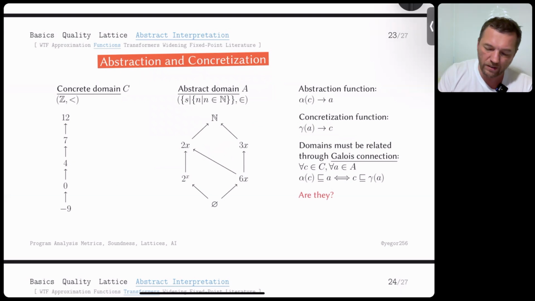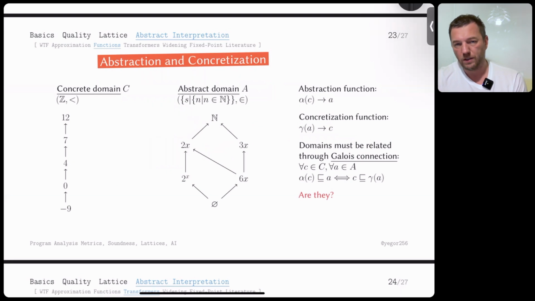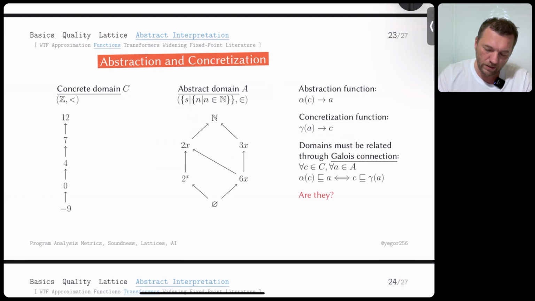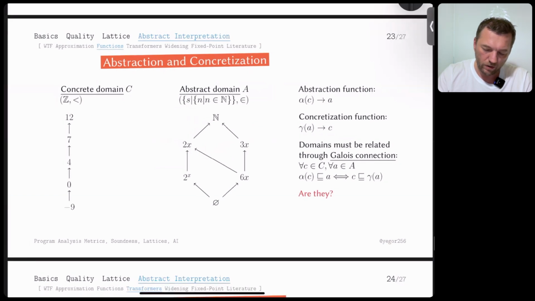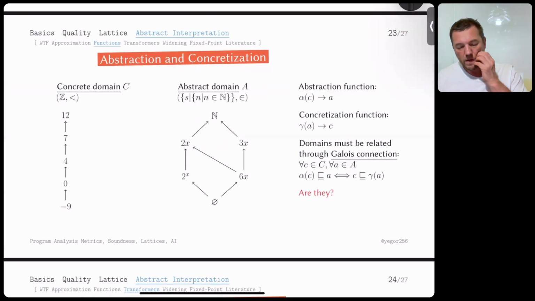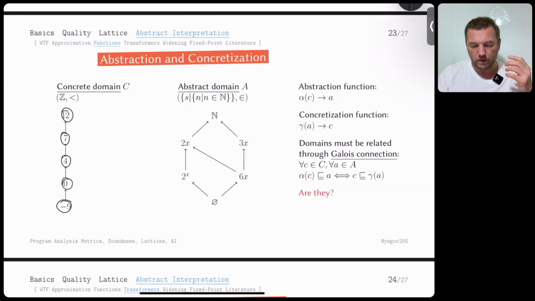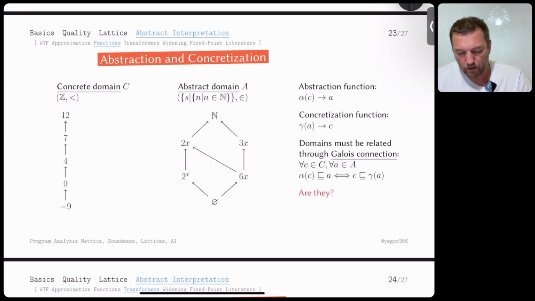These are the numbers returned by our function, which we just discussed. If we run this function, the numbers coming out will be, let's say, 12, 7, 4, 0, -9. These are the numbers which may be returned. So they're concrete numbers, and now we're trying to abstract them.